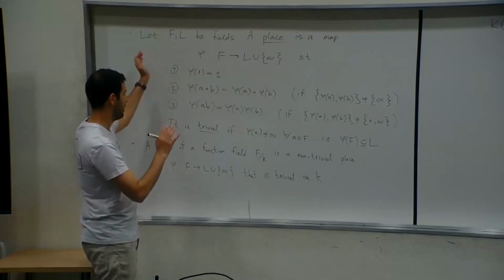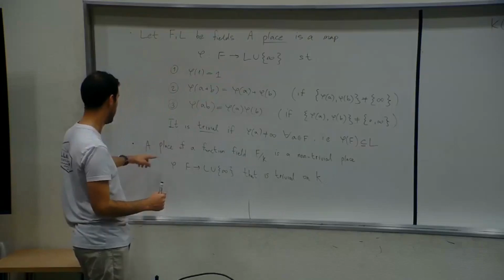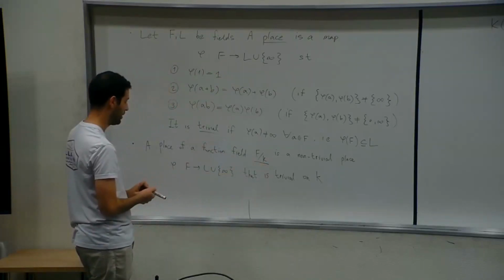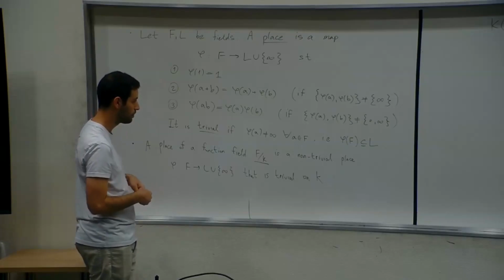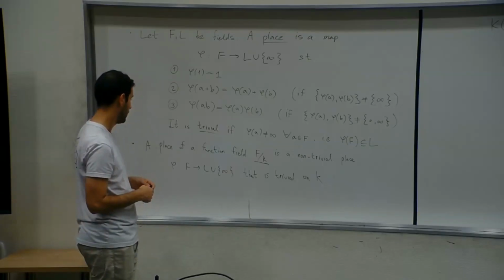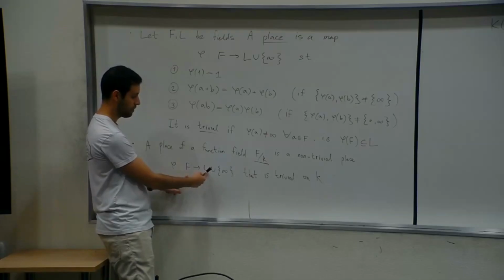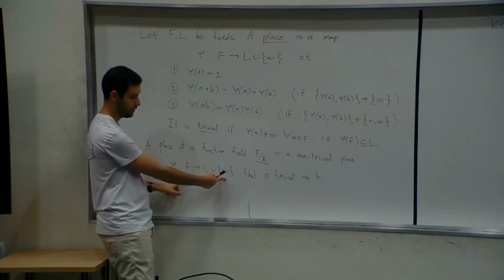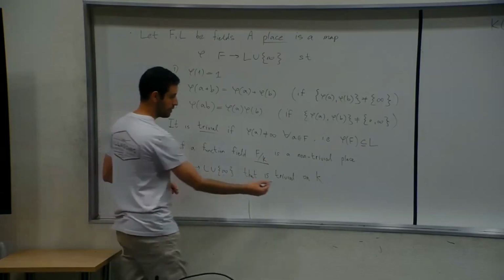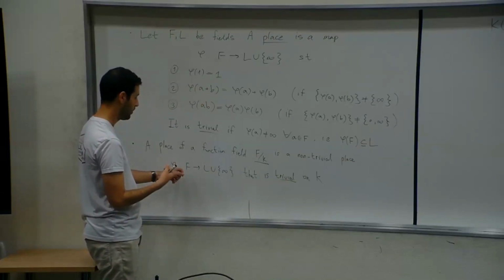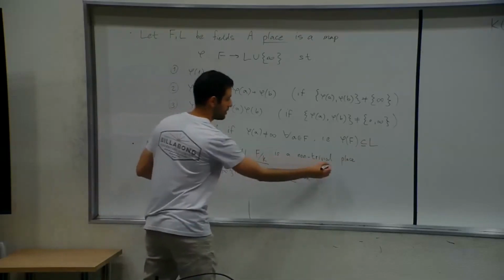So this was in general a place, and now we want to define a place of a function field. It's a place from the field F to some field L and infinity that is trivial on k, and of course it's non-trivial.